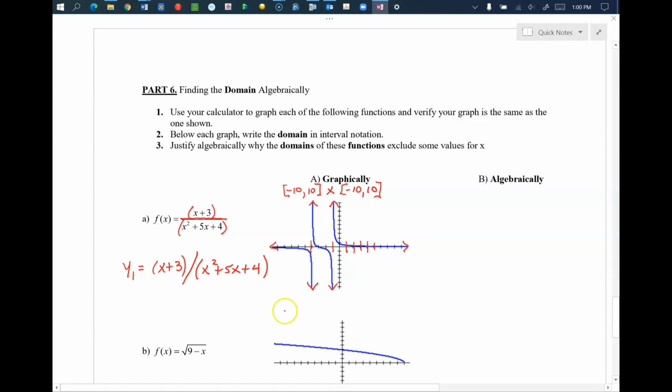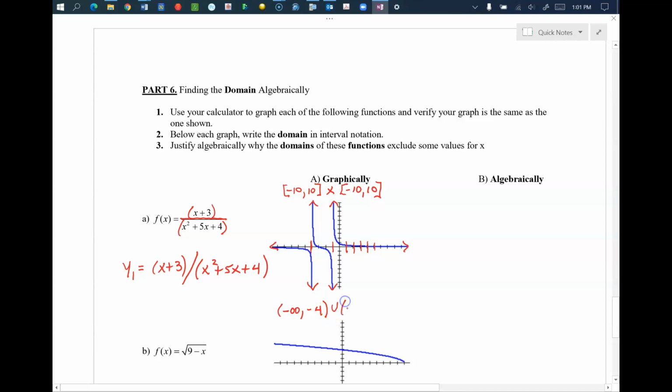Well, let's write down our domain based on looking at the graph. The domain, the set of all x values that can be used in the function, is from -infinity to -4. The graph doesn't technically exist at -4. That's called a vertical asymptote or an infinite discontinuity. So we are not going to include -4. We're going to skip over it.